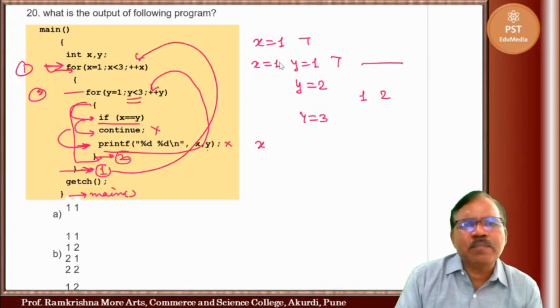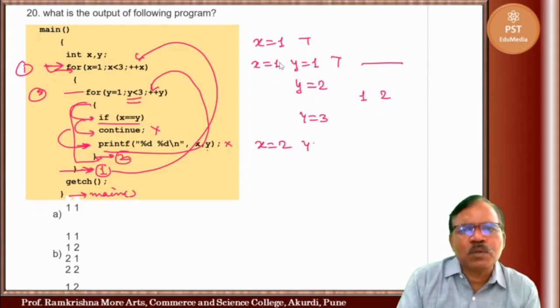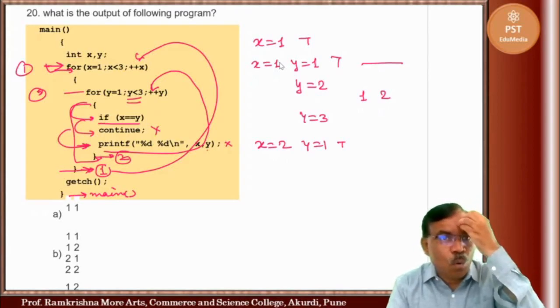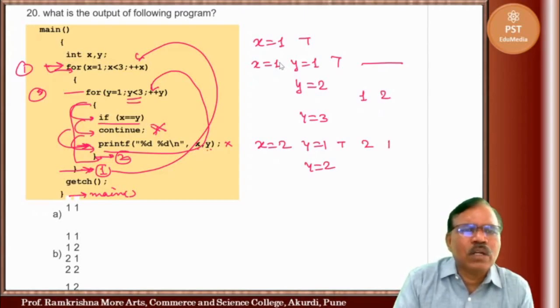Now x will become 2, again y will start from 1. The condition is true, if x equal y, no, so continue is not executed, so the next statement is executed, printf %d xy. So 2 1 is printed, then y equal to 2. If x equal y, yes, so continue is executed.